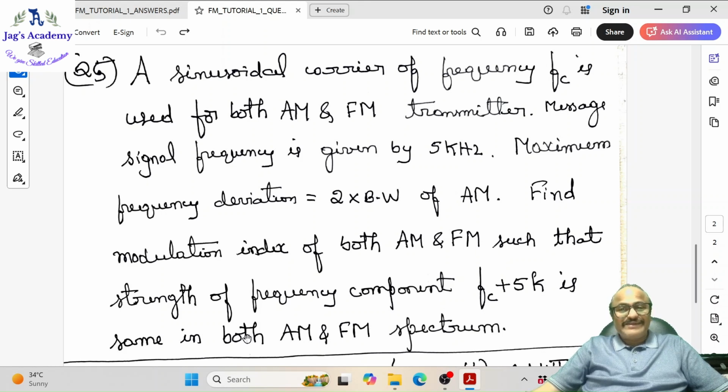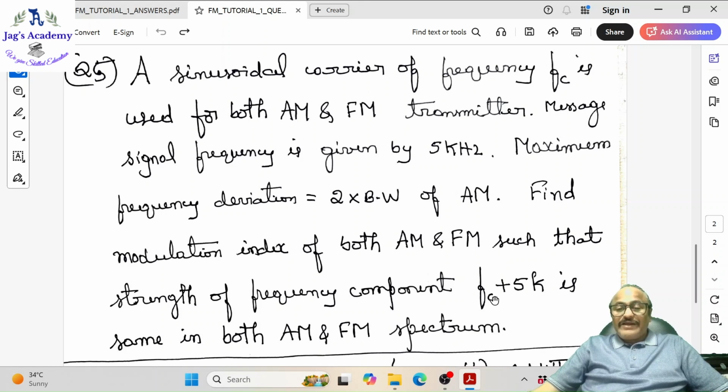So you have to find out, this is coming in J1 of beta. The beta value you can calculate. What is the beta value? Beta is nothing but delta F divided by Fm. Now use that beta value to find out that Bessel value.